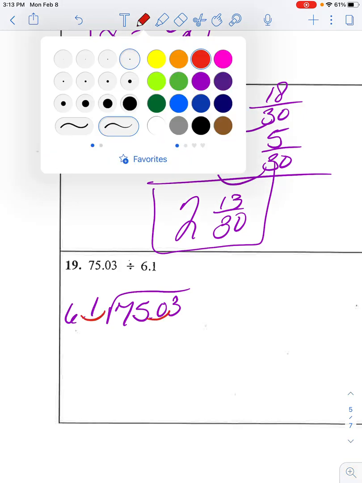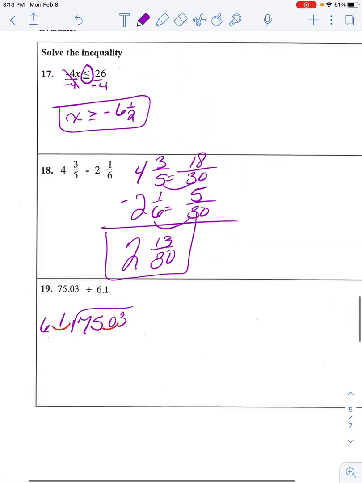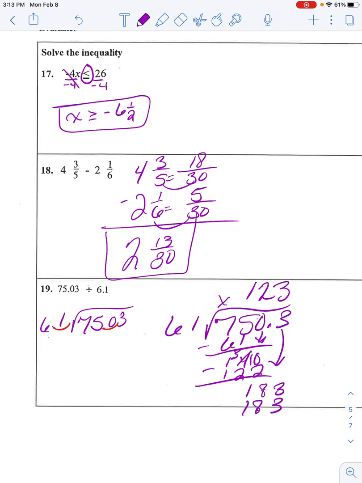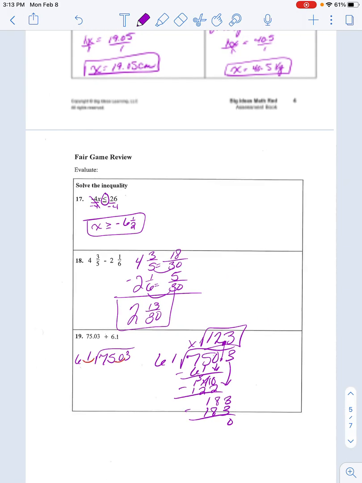We got to scooch it, and then we can rewrite it. So we should get 12.3.